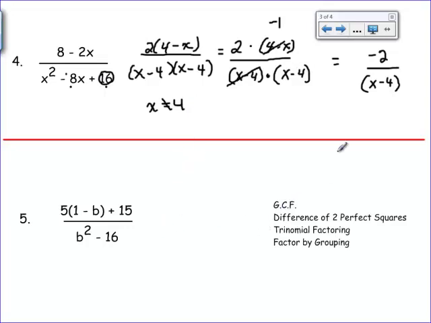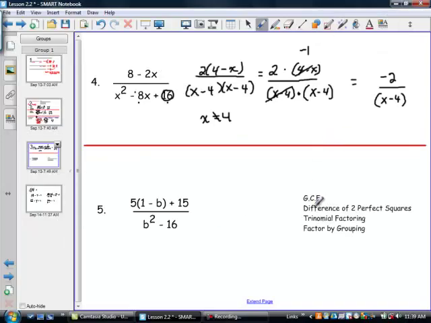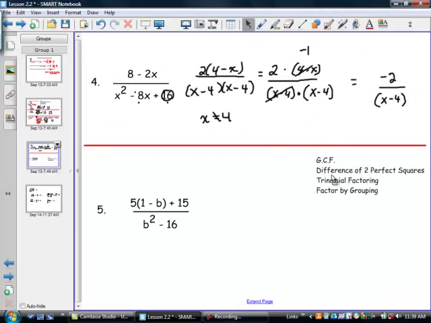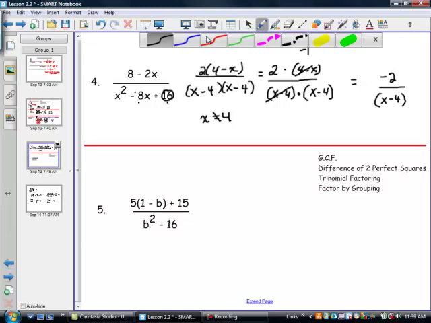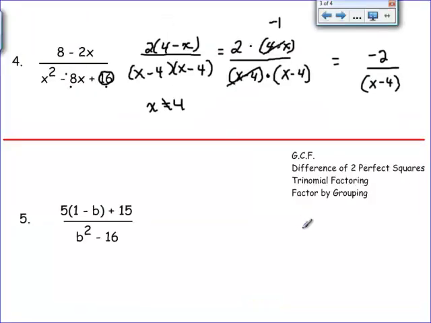All right, last question. Now, we could have taken this the hard way. Change my pen color. Or we could take it the easy way. Hard way. Five minus 5b plus 15.